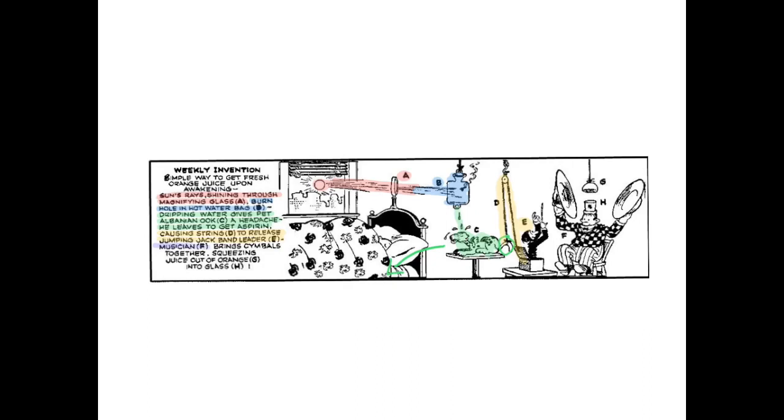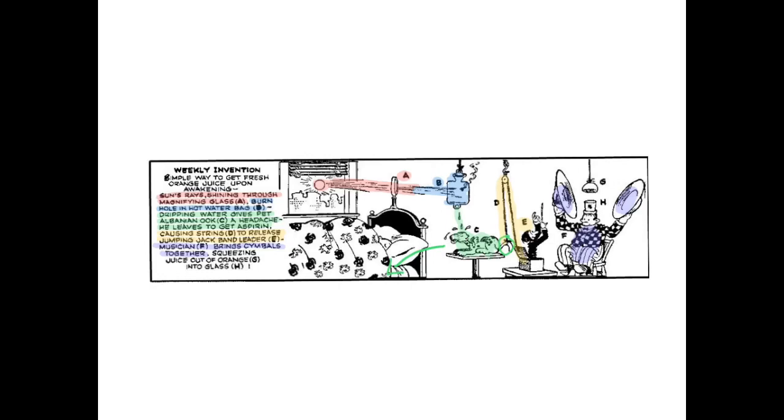Musician F brings cymbals together. So we've got our band leader has started conducting, and that's made our musician bring his cymbals together. Again, you need to imagine the movement that's about to happen here.